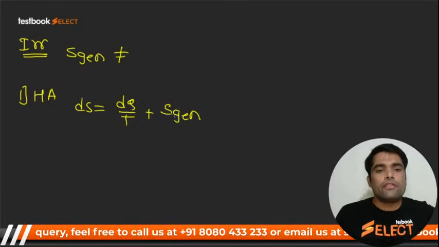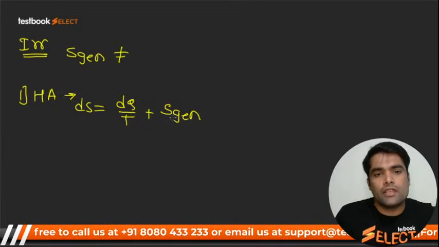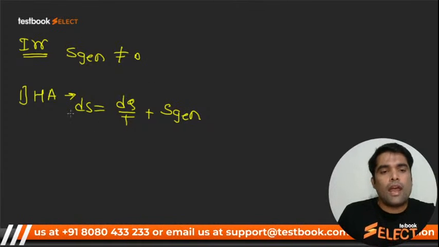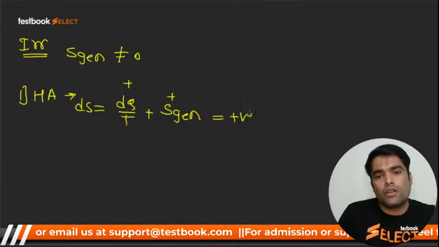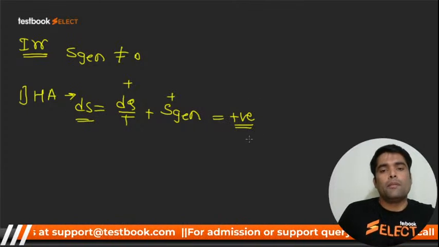At first I am taking heat addition, and ds is equal to dq by T plus entropy generation, which is not equal to 0. And since it is heat addition, dq by T will be positive, so overall the change in entropy will be positive.